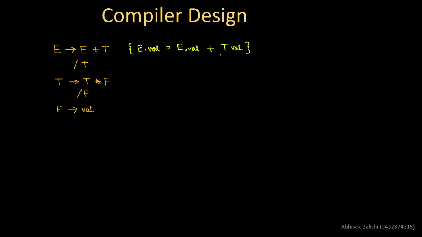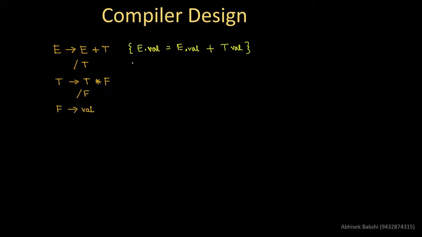Now don't think that this E dot val and this E dot val are the same, because this E can be a node at a different level and this E can be a node at an upper level. We will see it very soon when we design the corresponding parse tree along with the rules.